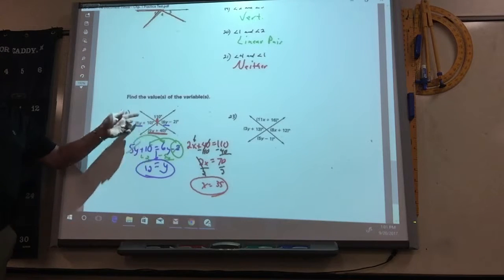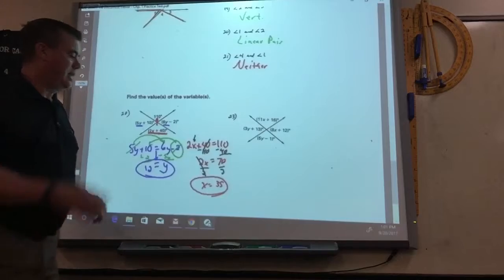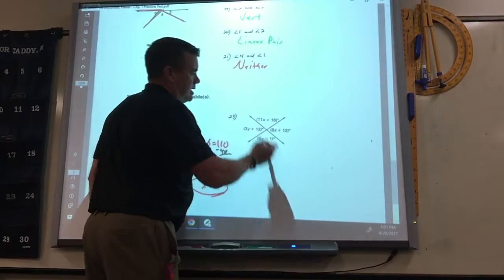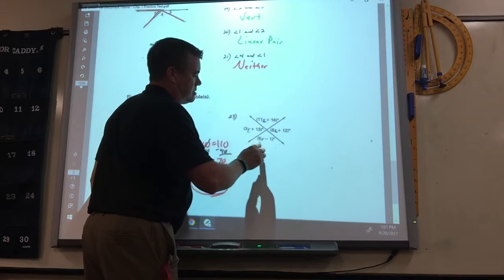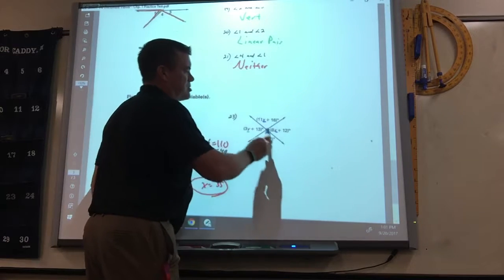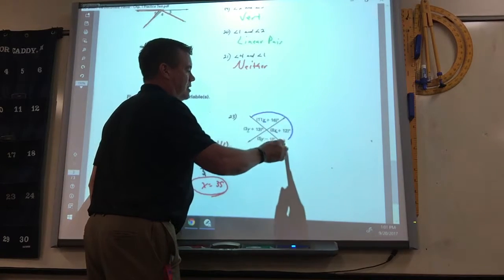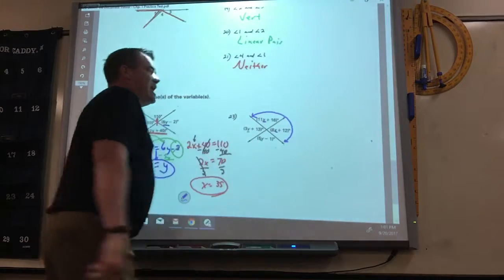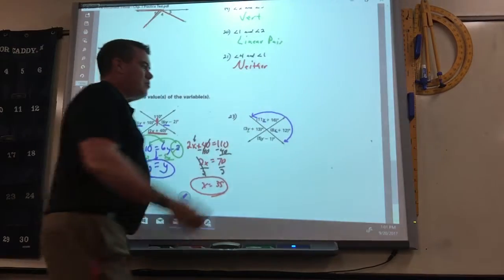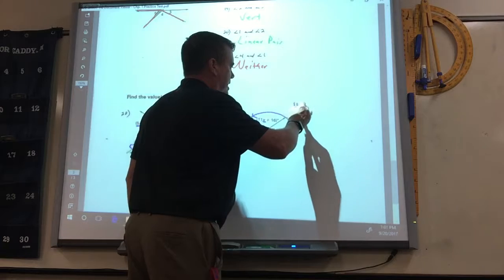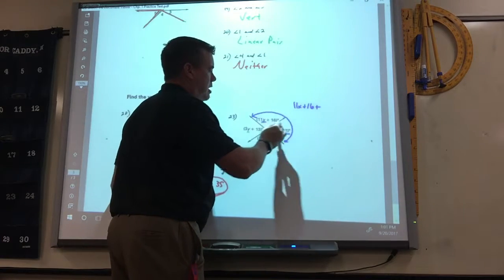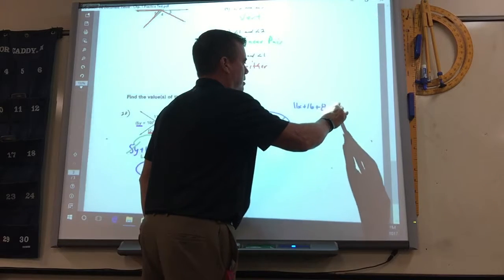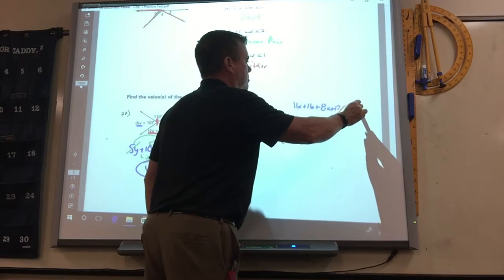So this one had vertical angles. This one, here's the x's and here's the y's. The x's are not across from each other, they're a linear pair. So then they equal 180. So they add up to 180. So 11x plus 16 plus 8x plus 12 has to equal 180.